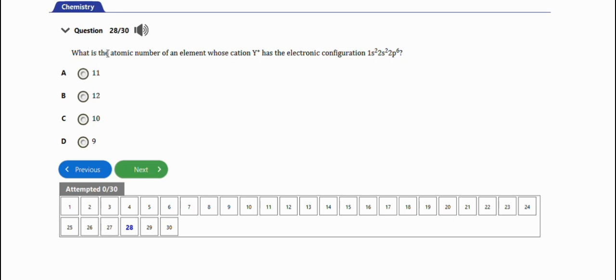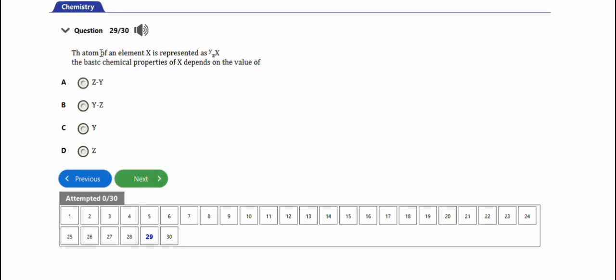The question is, what is the atomic number of the element whose cation has this electronic configuration? So this will be sodium, guys. Sodium has atomic number of 11. So when it takes part in a chemical reaction and becomes a charged atom, it's going to lose 1 electron to attain this electronic configuration of neon. So it will be A. Okay, not 10, it will be A, guys. Sodium, charged atom.